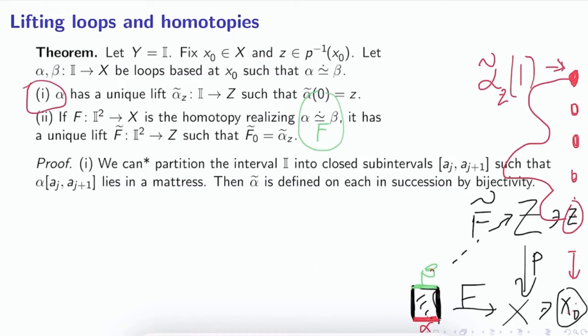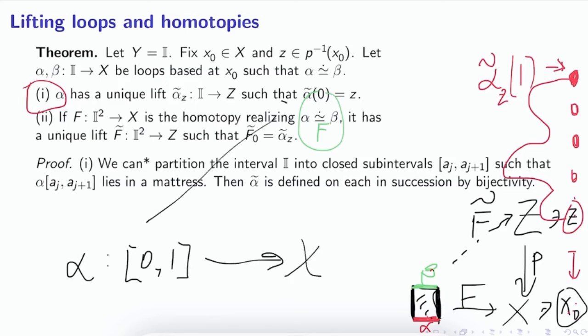But you see, to prove part 1, we have a loop in X, so let's call that alpha again. Remember, alpha in this case is a map from [0,1] into X, and we want to lift this to Z. Well, the point is we can always divide our interval, here's the interval 0 to 1 pictorially, into a sufficiently large number of small intervals of a given length, with the property that each of these little intervals lies in what I call a mattress.